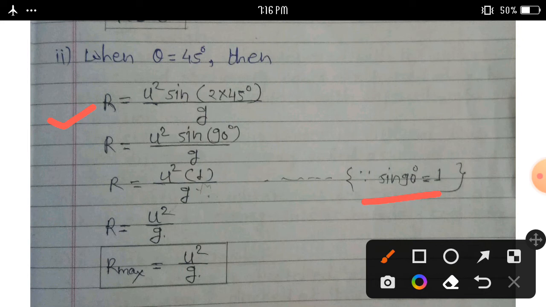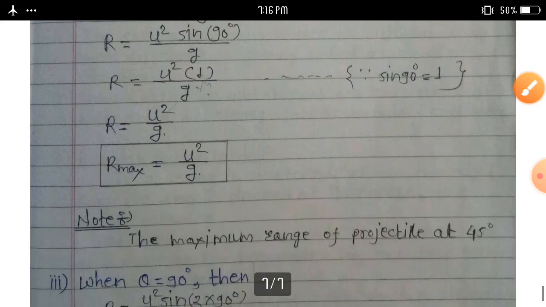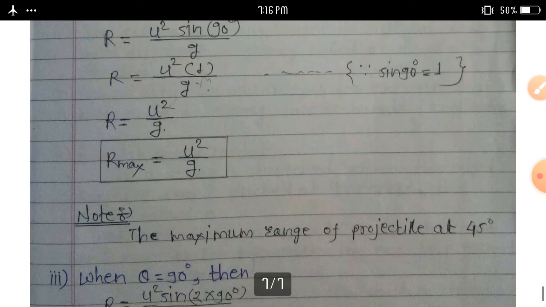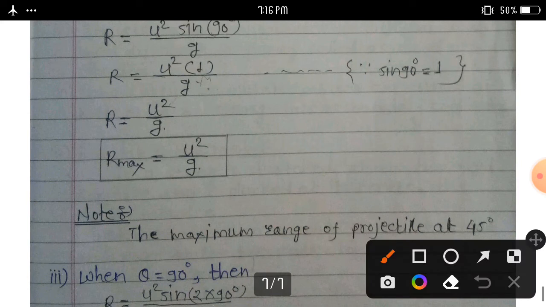Then R is equal to u square into 1 upon g, that is R is equal to u square upon g, meaning the horizontal range is maximum, that is R max is equal to u square upon g. Note here, the maximum range of a projectile is at 45 degrees.